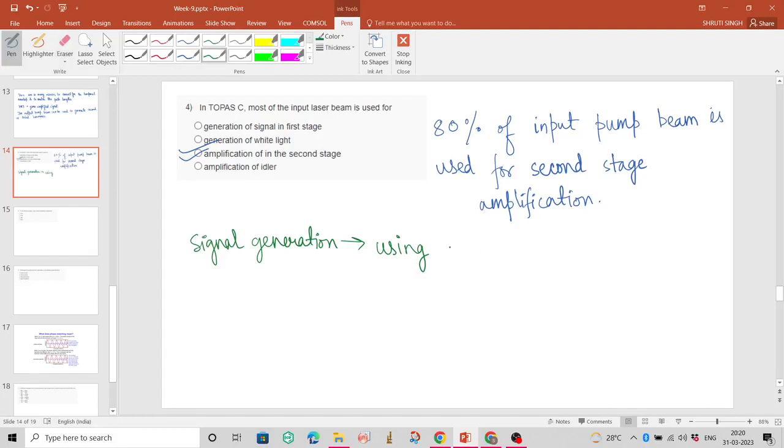Using 80% of 20% of the input pump beam.